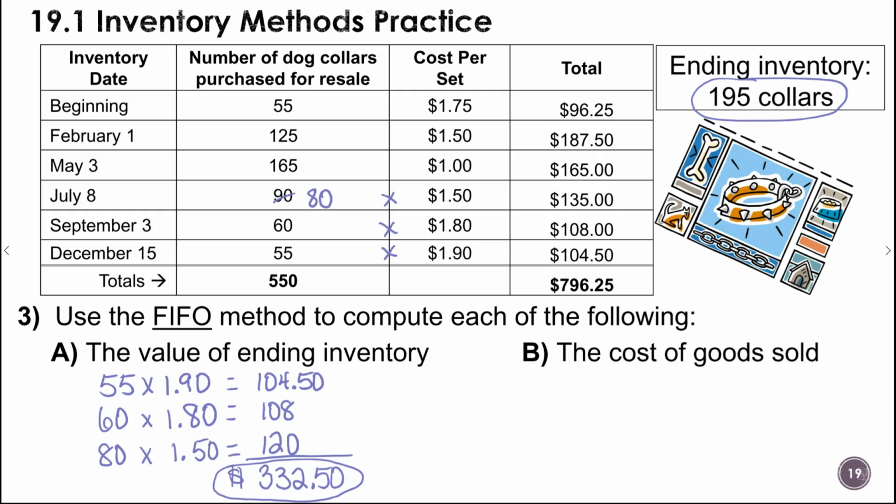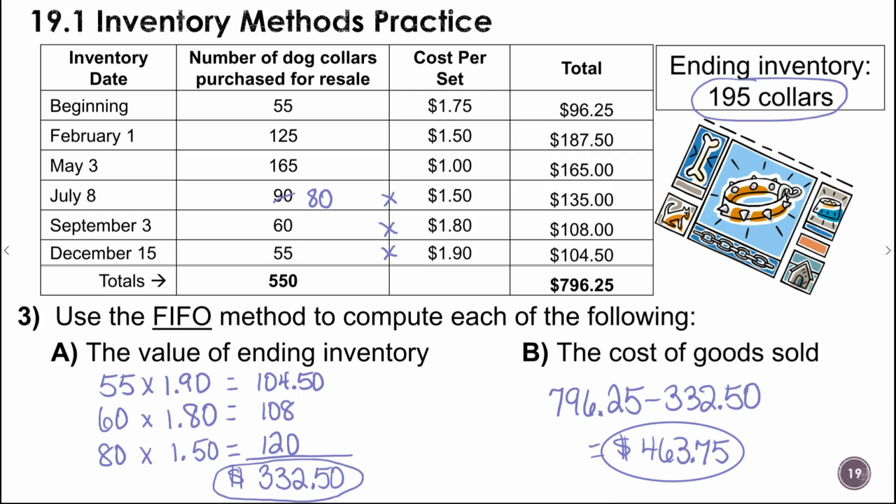And the cost of goods sold, we're going to take the $796.25. Remember our total amount that we had for the year, subtract our ending inventory, and that leaves us with $463.75. Oh, I'll use my nice circle on this one. There we go. All right.